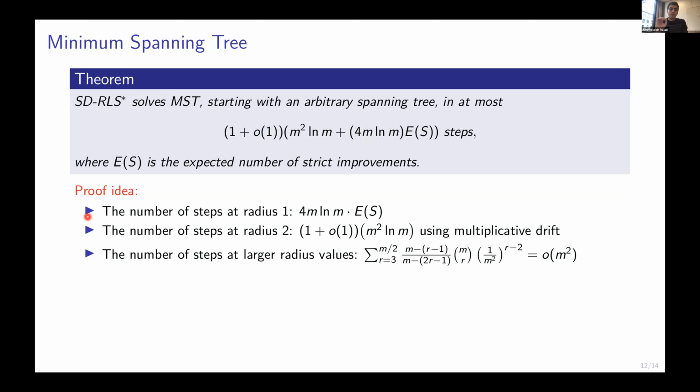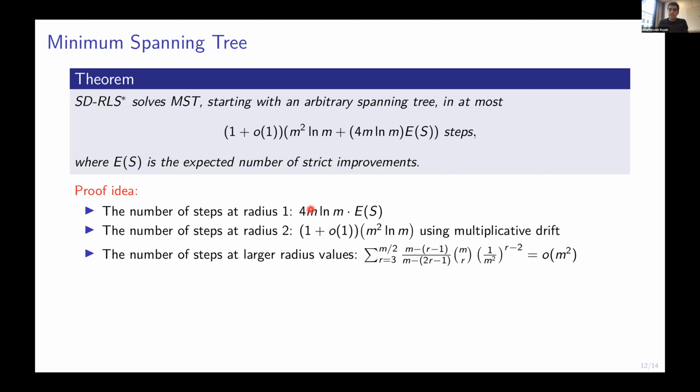We consider the number of steps at different radius values. The algorithm cannot make progress at radius 1 because the algorithm has to remove one edge and add another edge to keep the graph connected.